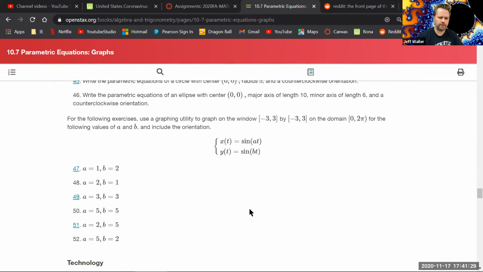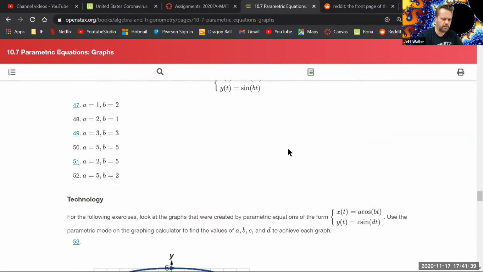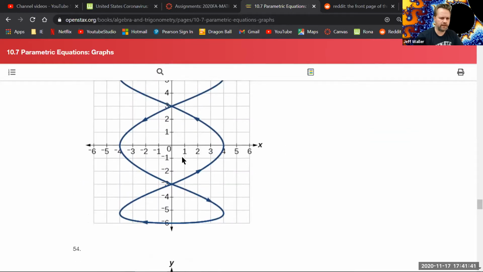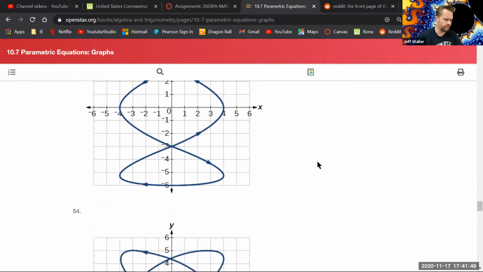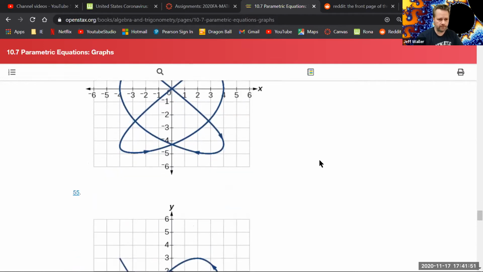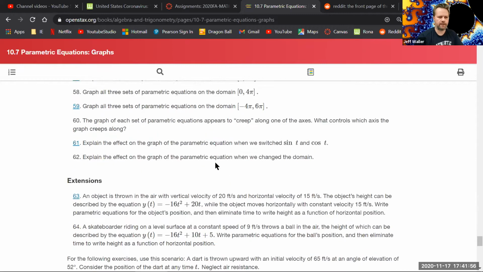Here's where you can use the graphing calculator and just make sure you put it in parametric mode. And then here, this looks kind of familiar, right? Except the one we did was only bounded in the x direction. It was unbounded in the y direction. That really looks neat. There's another kind of fish. All right, enough of that.